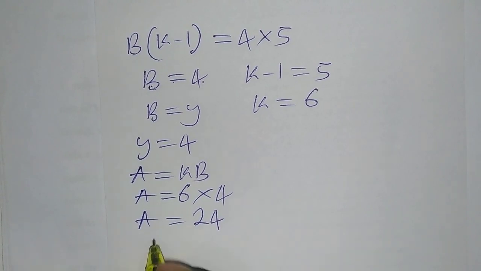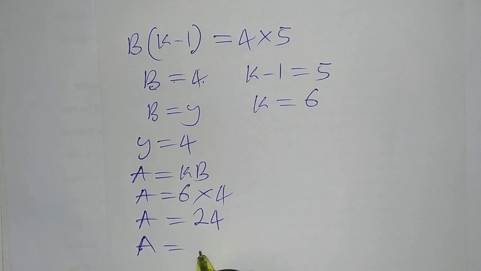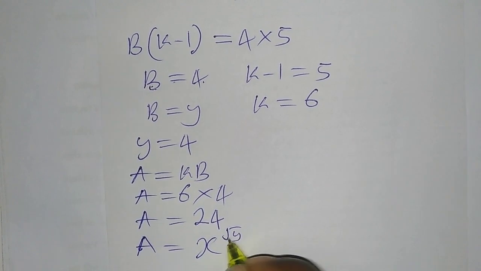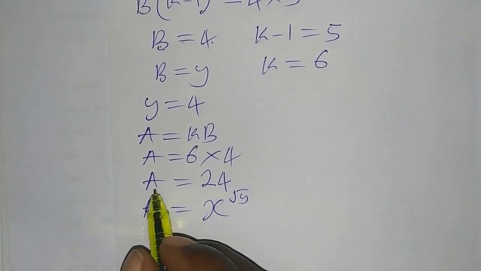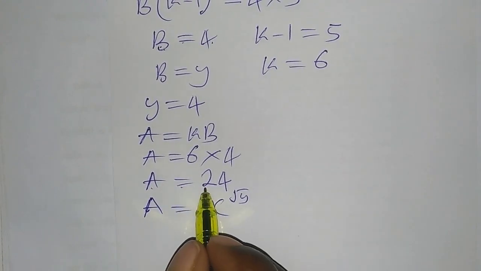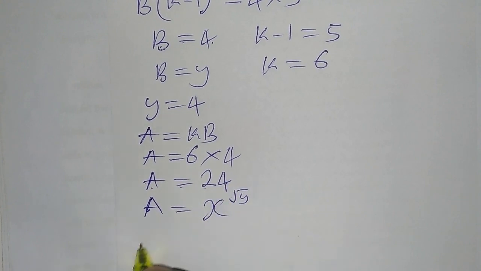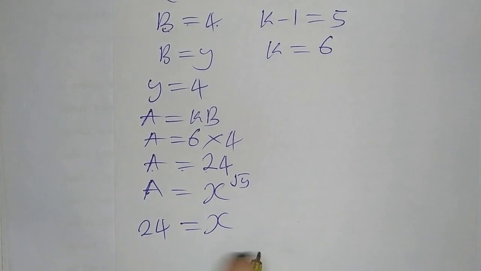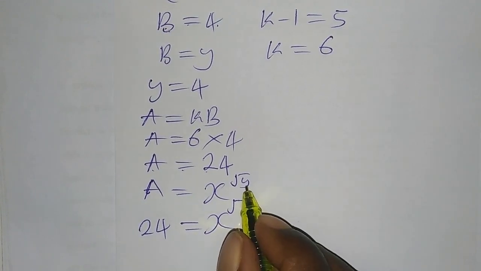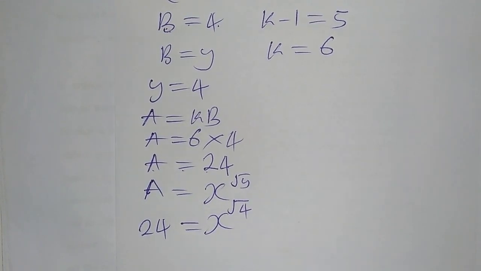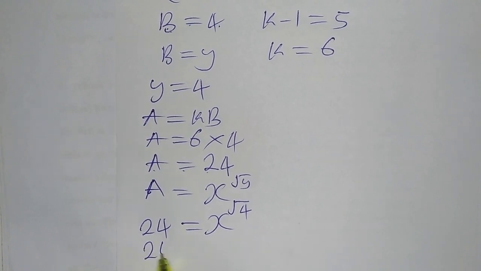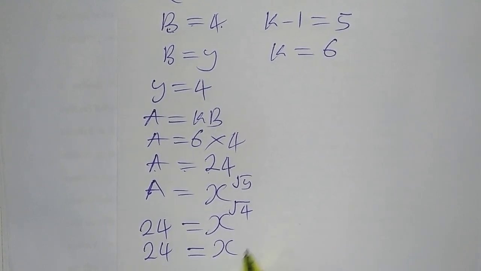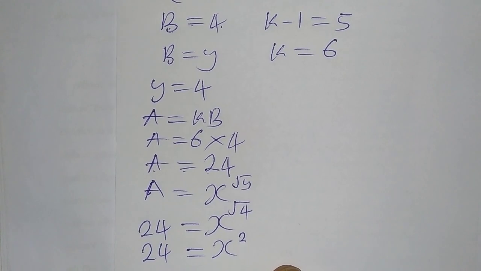But you remember, we already let a be equal to x to the power of root y. And now a is the same thing as 24. Therefore, we have 24 equal to x to the power of root y. But y is 4. We put 4. Now we have 24 equal to x to the power of 2.